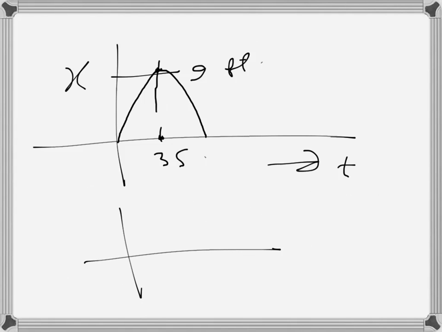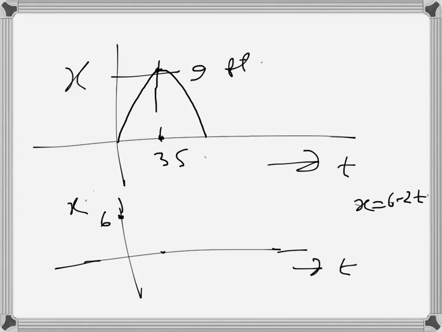And velocity is simpler, it's a straight line, v is 6 minus 2t. So when t is 0, v is equal to 6 there, so that's 6, and when v is equal to 0, t is 3.